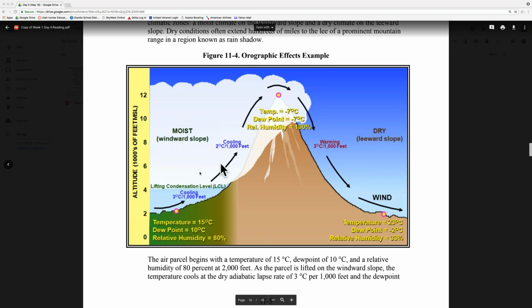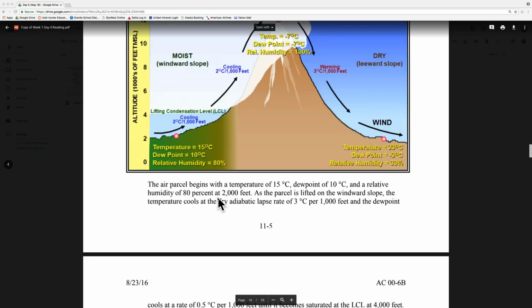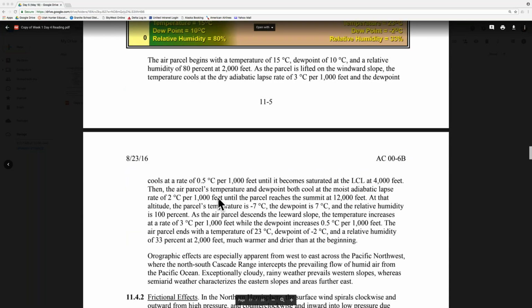A lot of times this is where most of the precipitation is going to fall, is at the footing of the mountain, right? So that's all it's talking about there.